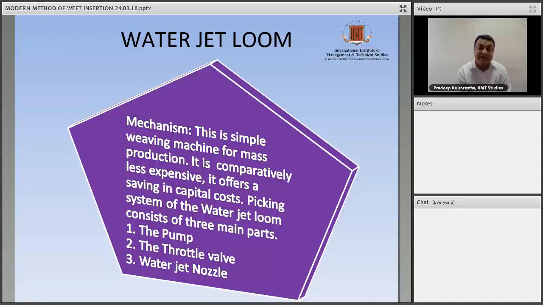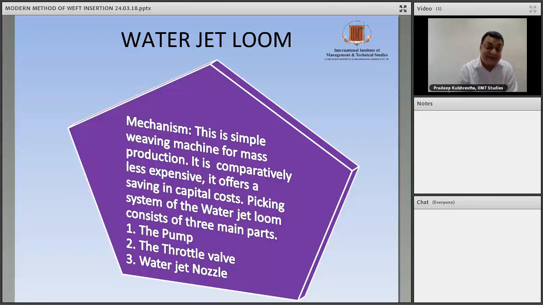Around 25 years back, Reliance Industries in Ahmedabad took up a project of installing 300 water jet looms for polyester, which was very famous for saris and dress material. They took up Dobby designs, and a revolution came in the market when Reliance made these water jet saris in the early 80s.